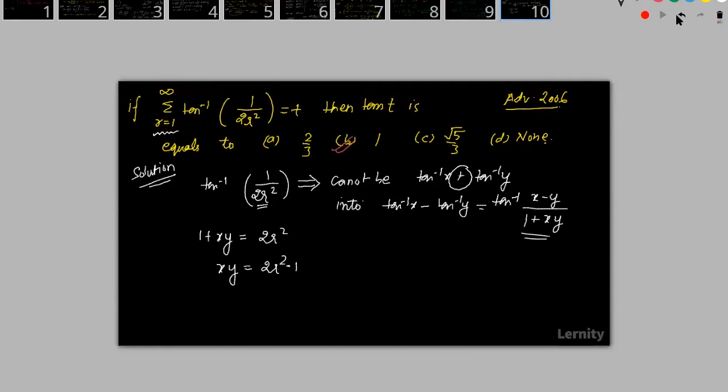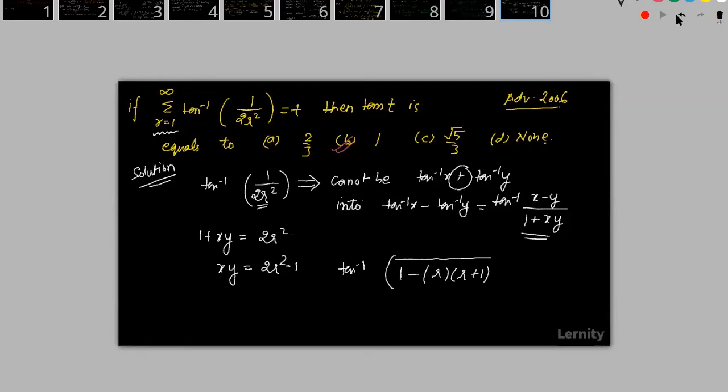Now see, if I break this into some form, here we have r square, so we should have something of r and r. This term should contain r. So if I try to convert this, it can be converted into tan inverse of, see this part is 1 minus r into r plus 1.